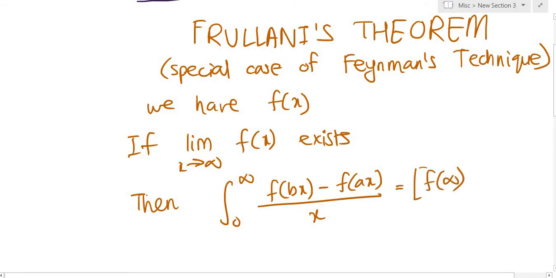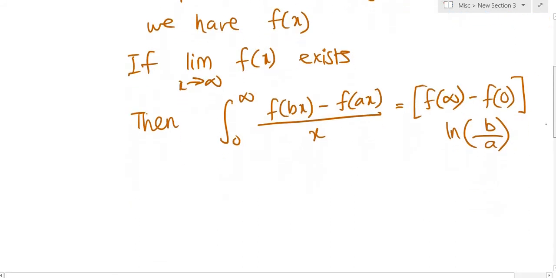If you treat infinity as a number, it's actually mathematically incorrect to plug infinity into a function like this, but I'm just doing this for the sake of understanding. So the coefficient here is b over a. That's essentially your Frullani's theorem statement.